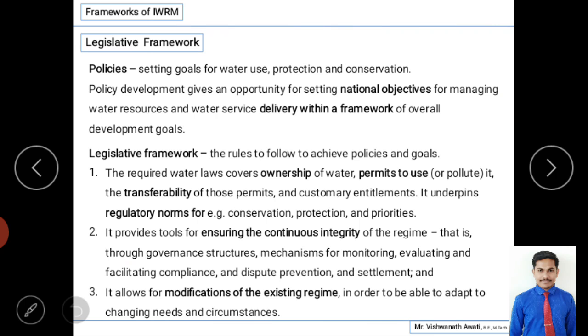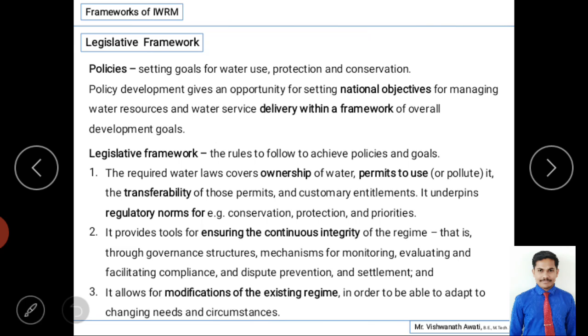So to solve conflict, they tell how to use the water, where to use the water, who has to use the water, and how much, all the things. It is particularly related to use, right? So balanced use. The legislative framework means the rules to follow to achieve the policies and goals.